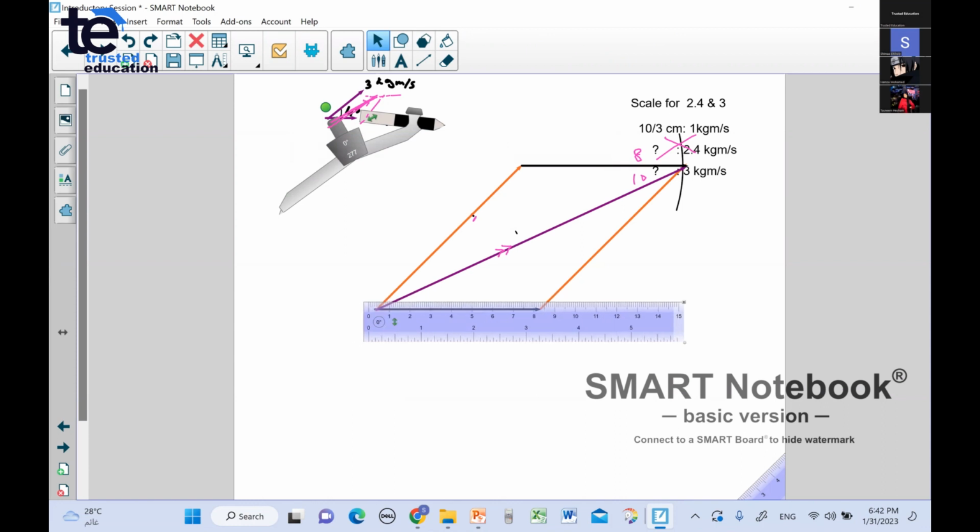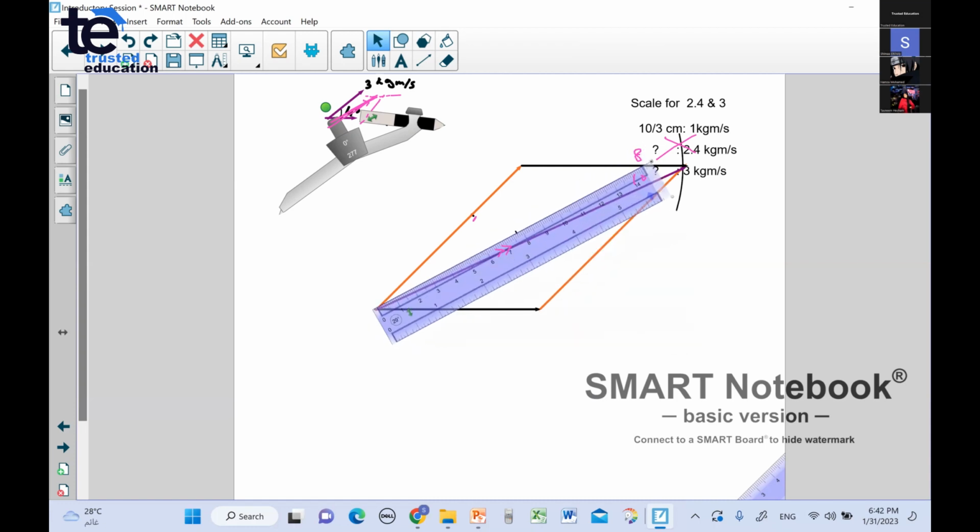Make it precise by adjusting the 0 with the 0. I got it around 16 and a half. I got it 16 and a half.